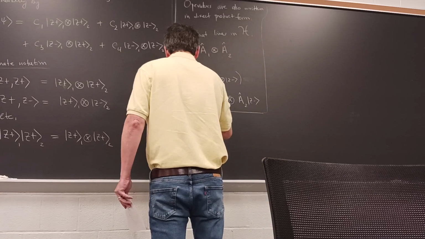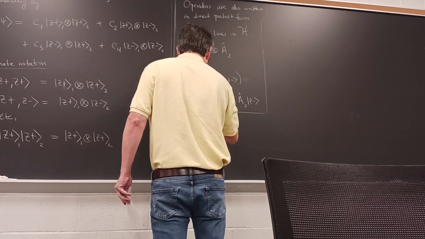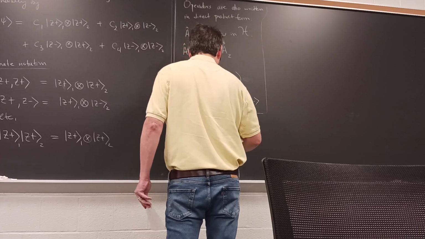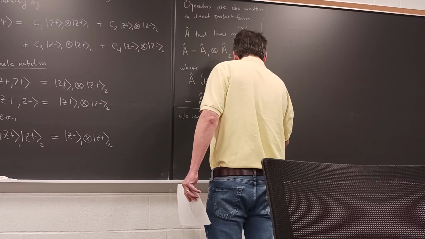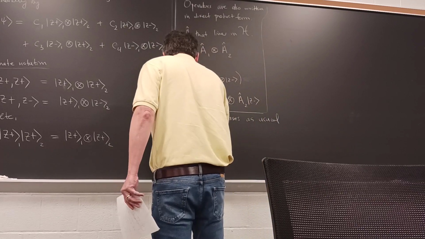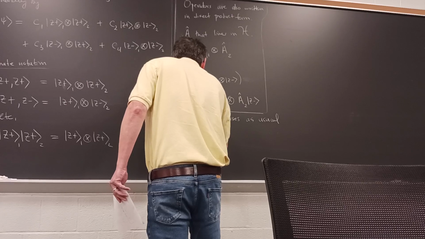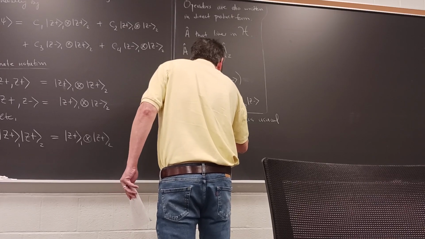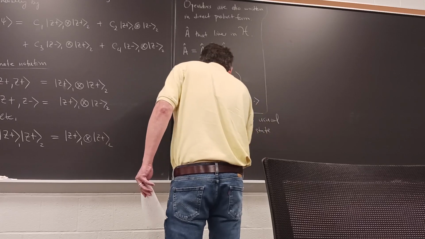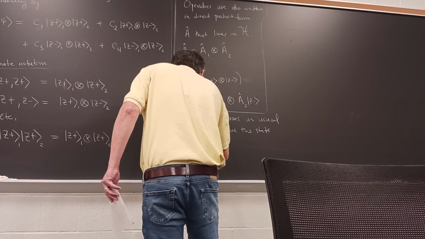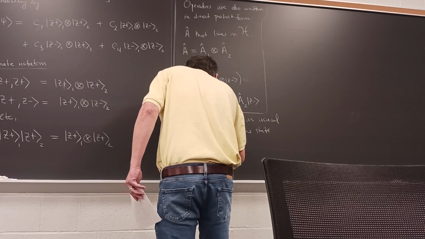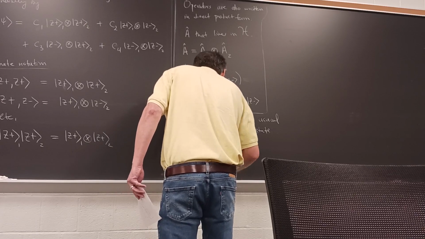So if we were to change bases, suppose we have the state Z plus direct product Z minus.